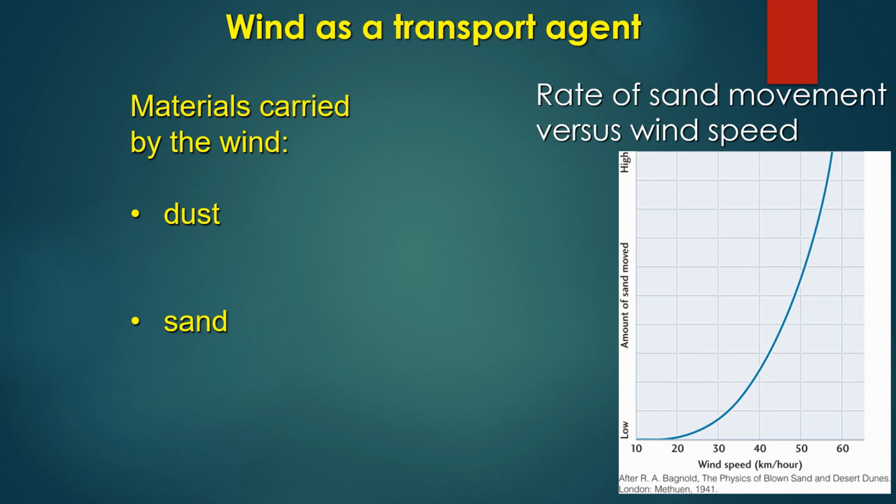In the picture to the right, it shows that sediment transportation velocity increases as the fluid velocity increases, which is the wind speed increase. Similar to river deposits, when wind is slowing down, the larger particle-sized sediment will be deposited first, and eventually the silt and clay-sized particles will be deposited last.